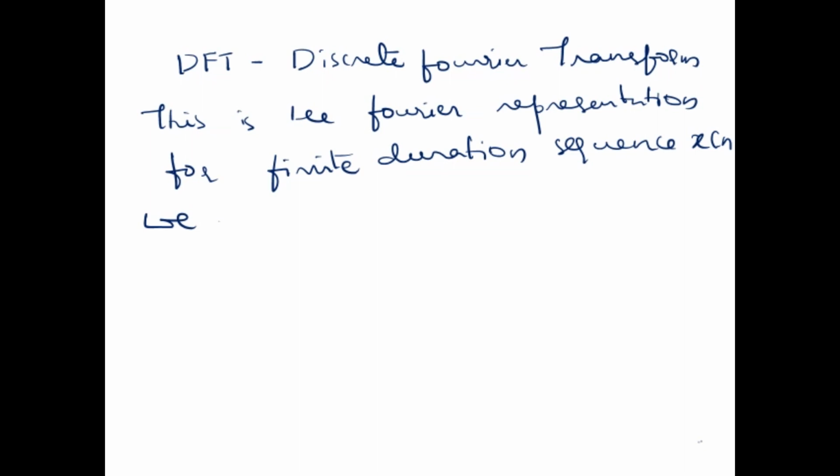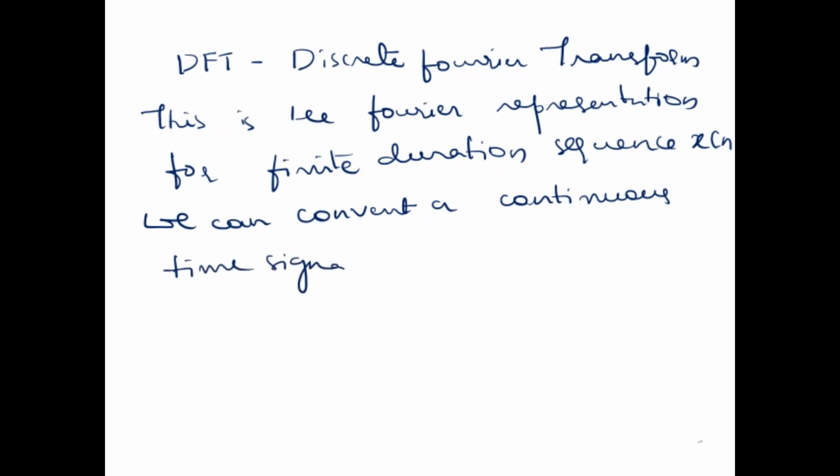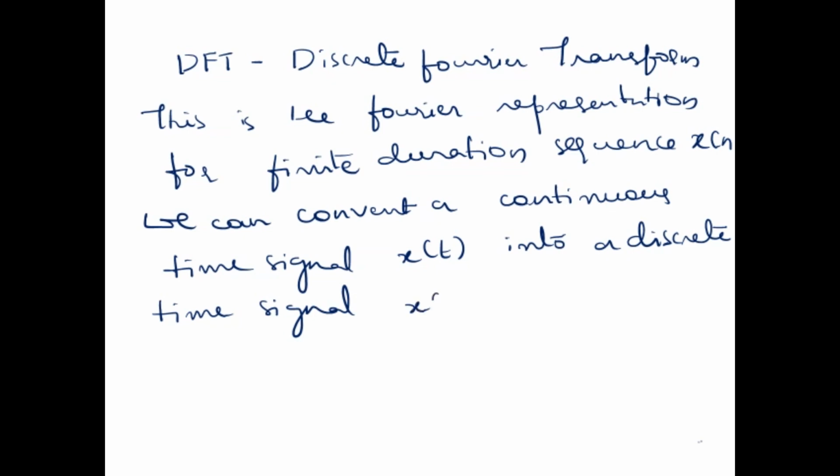We can convert a continuous time signal x of t into a discrete time signal x of n through sampling.